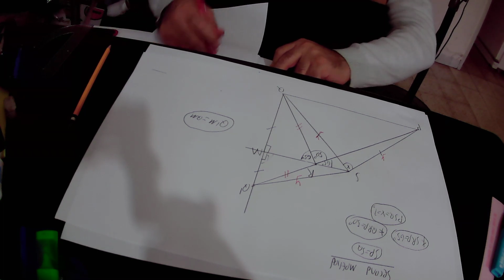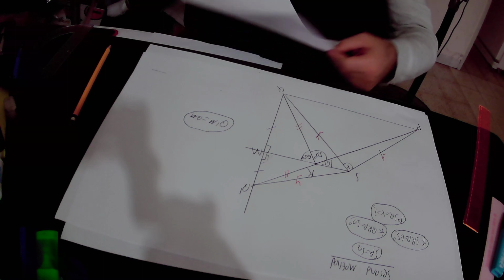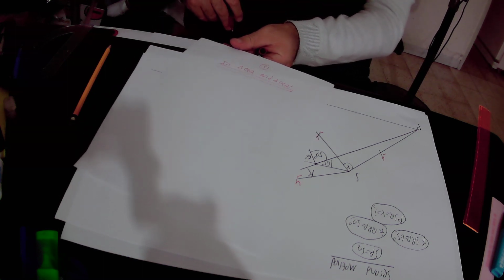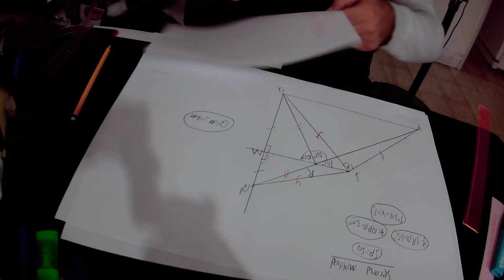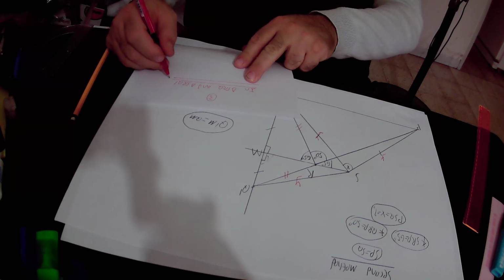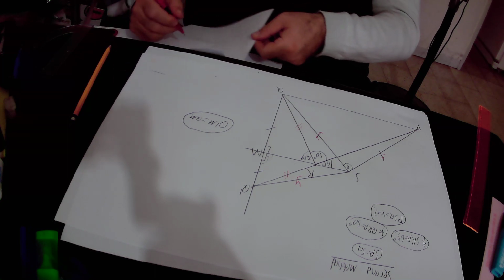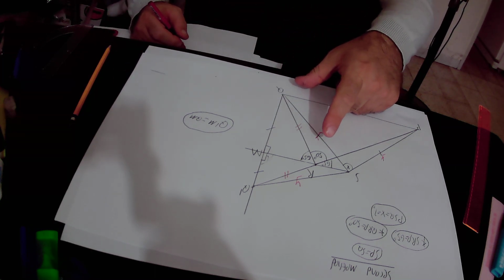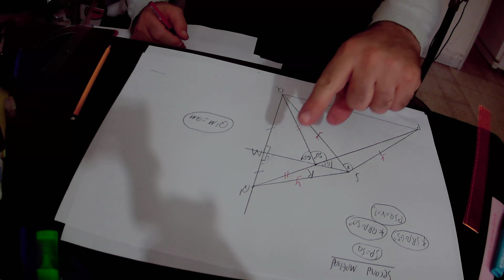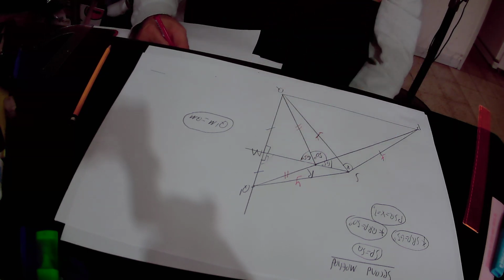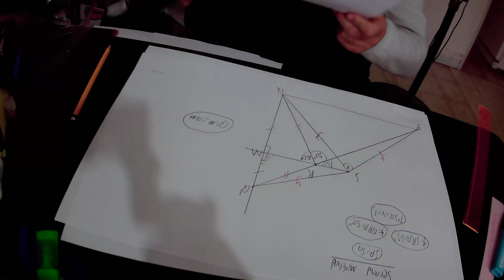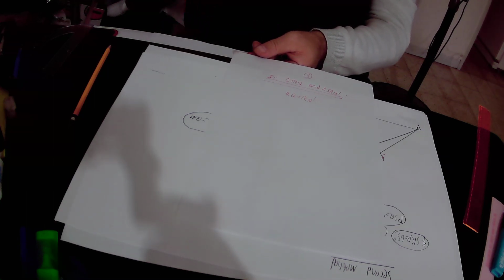So, first of all, we have already proved that RQ equals RQ dash. Those two sides are equal to each other, according to what we have already proved.